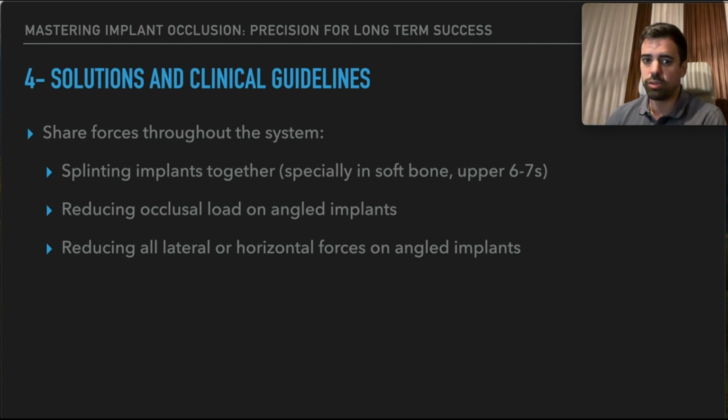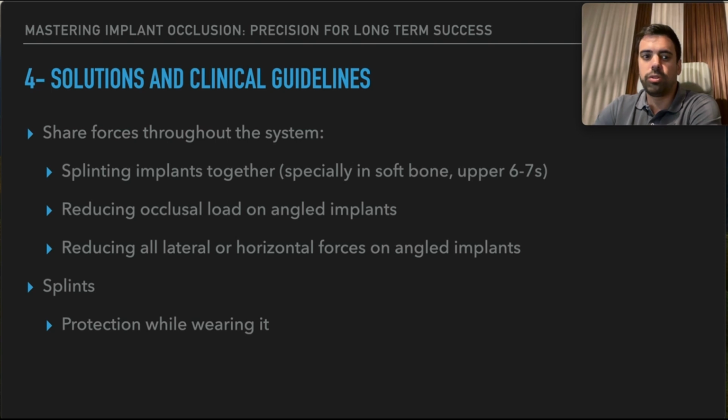Also, you want to reduce the load on any angled implants, as we said, because you're going to have magnification of that load. And we want to reduce all the lateral forces on those implants. There are going to be some exceptions, and we're going to see them. But try and avoid them as much as possible.